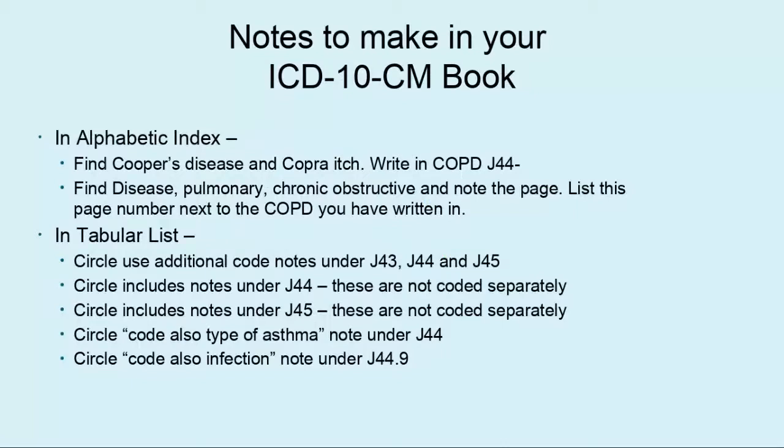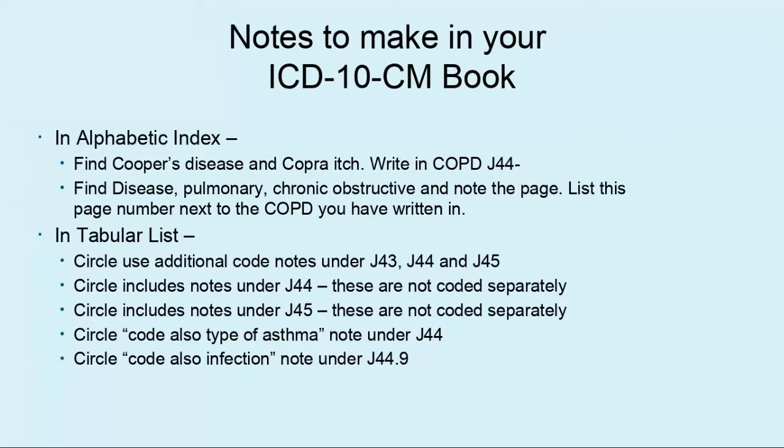Okay, there is no way to remember all of these guidelines. I think that's particularly true when it comes to something complicated like COPD. So here are some suggestions of what you might write in your book. In the alphabetic index, find the entry for Cooper's disease and Copra itch. You'll see that there's nothing in there for COPD, so write it in.